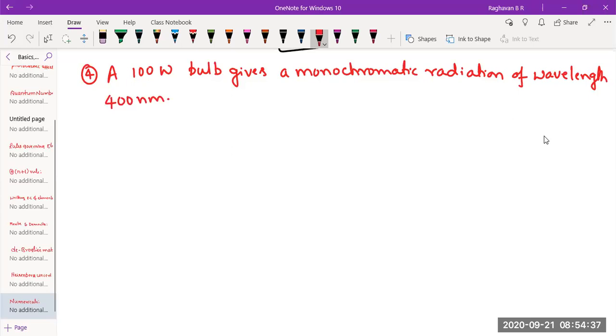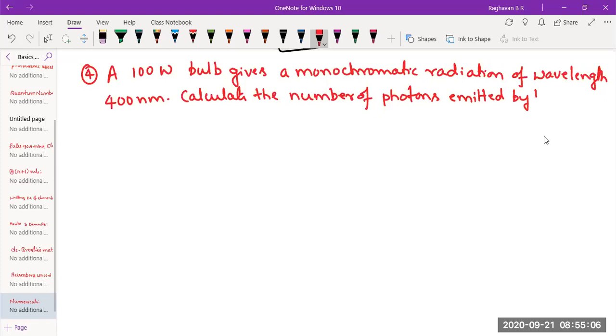Calculate the number of photons emitted by the bulb in a unit time.